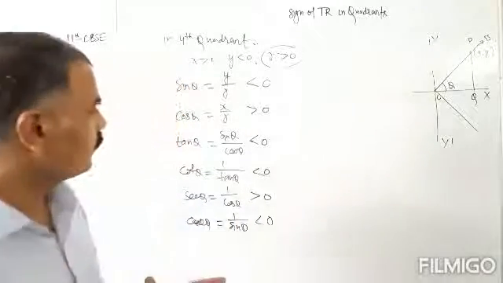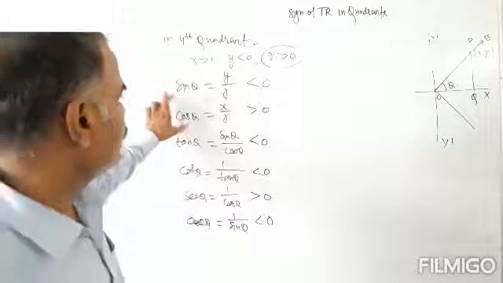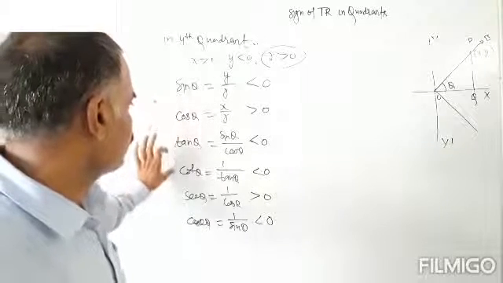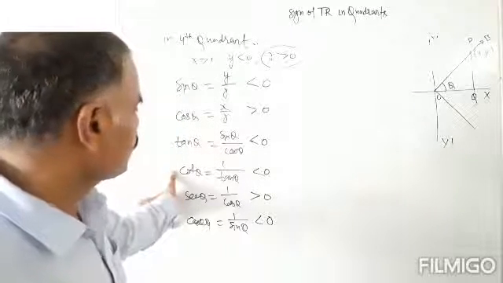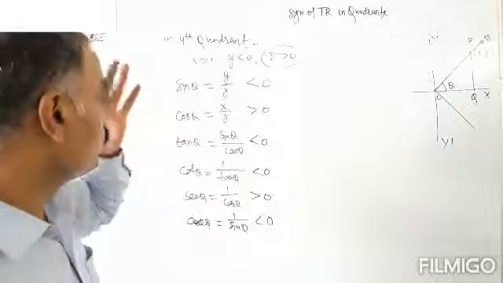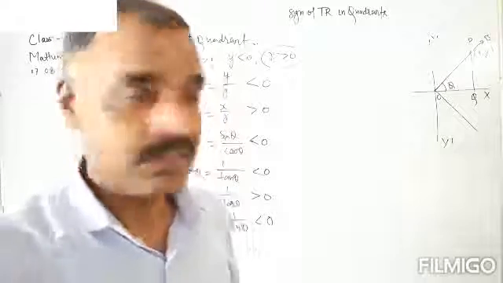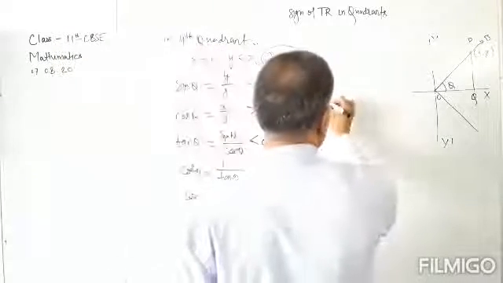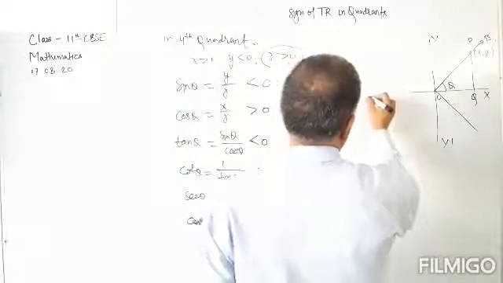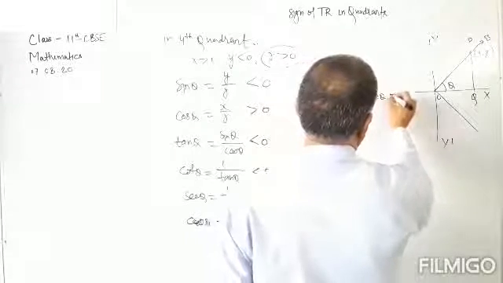So four trigonometric ratios: sin theta, tan theta, cot theta, and cosec theta are negative, and two trigonometric ratios: cos theta and sec theta, are positive in the fourth quadrant. Cos theta is greater than 0, and sec theta is greater than 0.